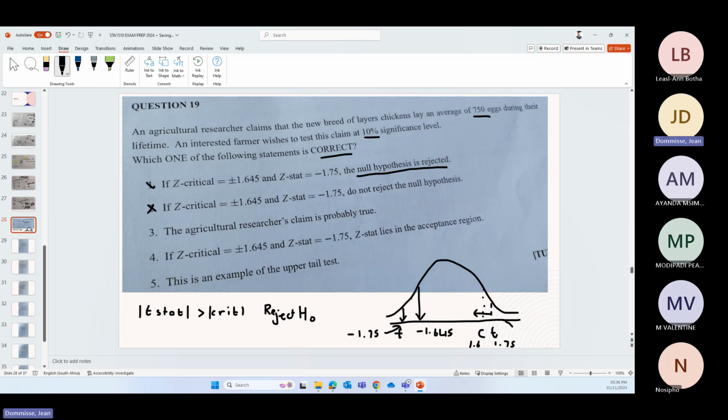Well, we are rejecting the null hypothesis, so that is not true. If a Z critical and Z stat lies in the acceptance region.